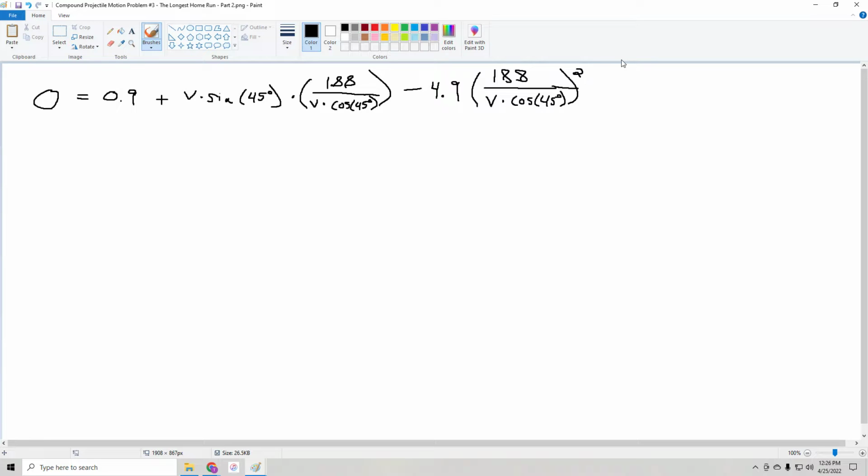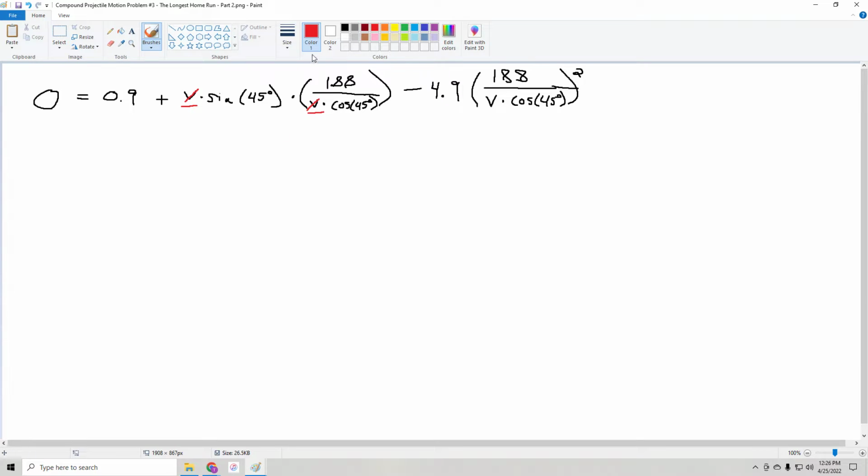And notice that a couple things cancel and we can simplify a little bit. We have a v in the numerator here and a v in the denominator in our expression for t. So we can get rid of that immediately.